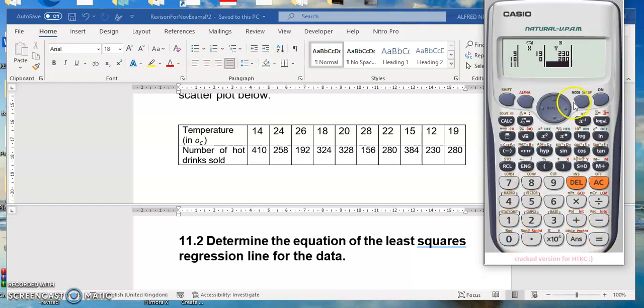Okay, now we cross check whether it corresponds with what we have there. Starting from 1. Now 1 I have 410, 24, 258, 26 should have come. So here should have been 26.